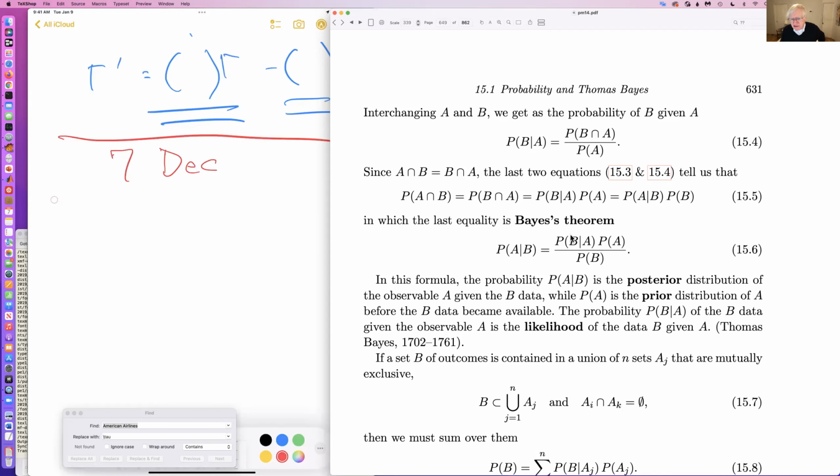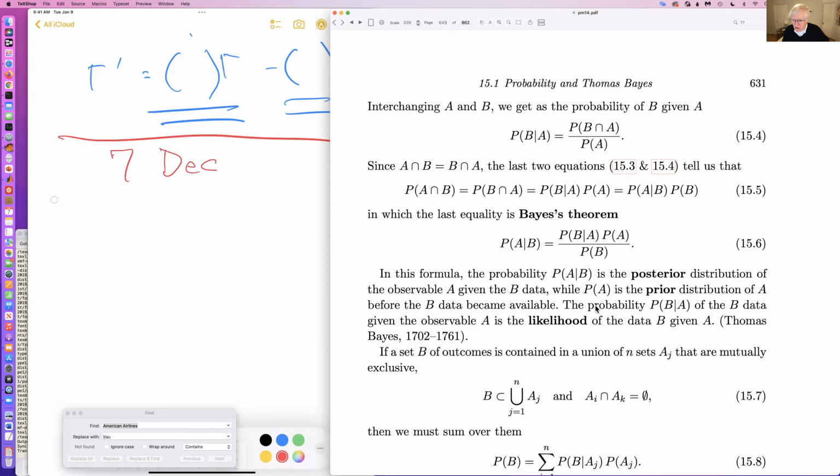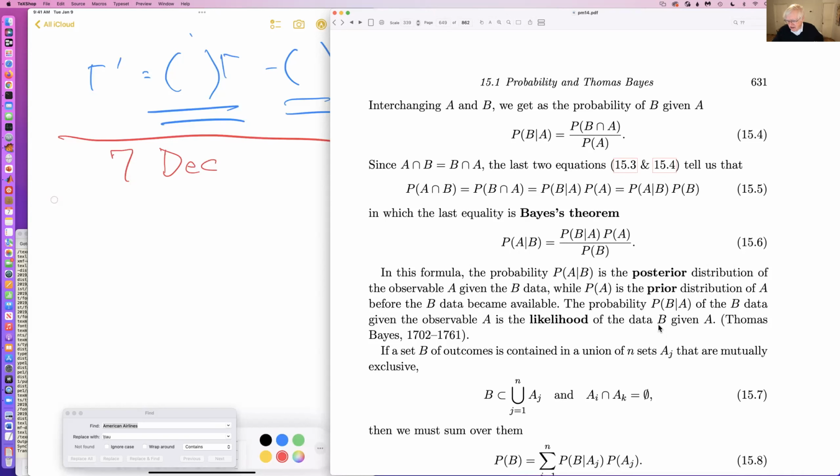So some of the lingo in the trade, lingo that I don't really use, is that the probability of A given B is the posterior distribution of the observable A given the B data, while P of A is the prior distribution of A before the B data became available. Well, that's some of the lingo. The probability of B given A, of the B data given the observable A, is the likelihood of the data B given A.